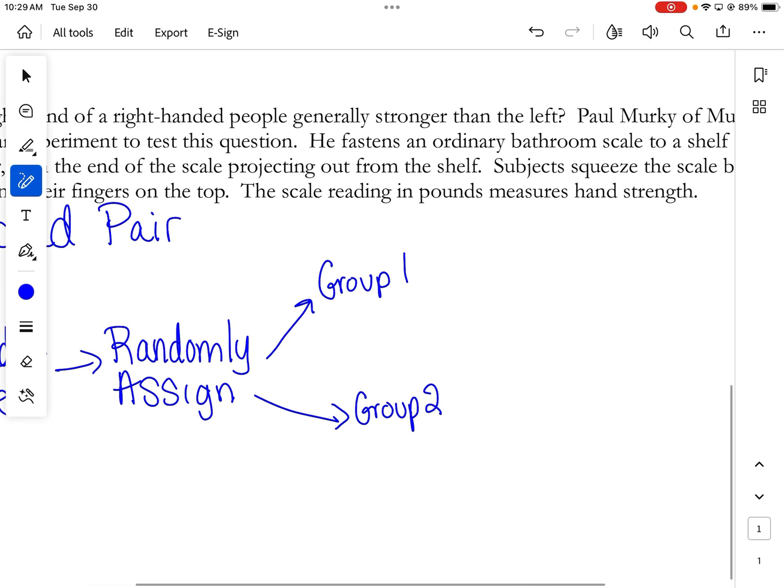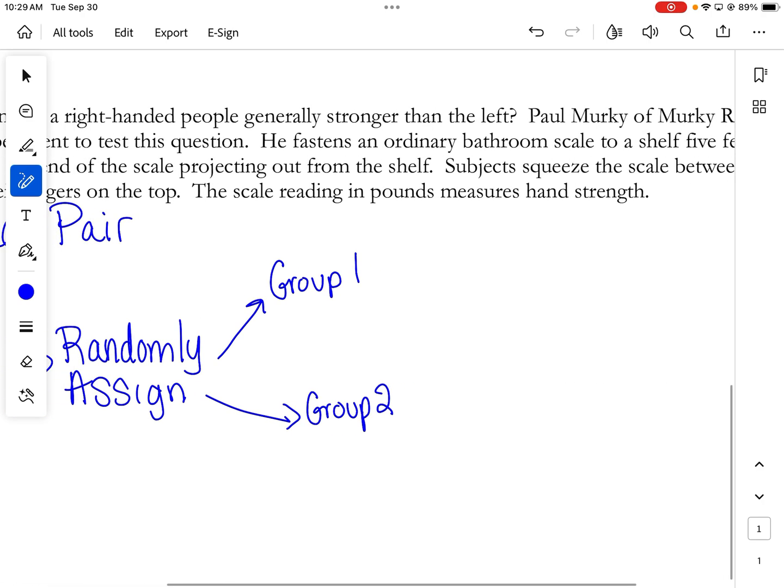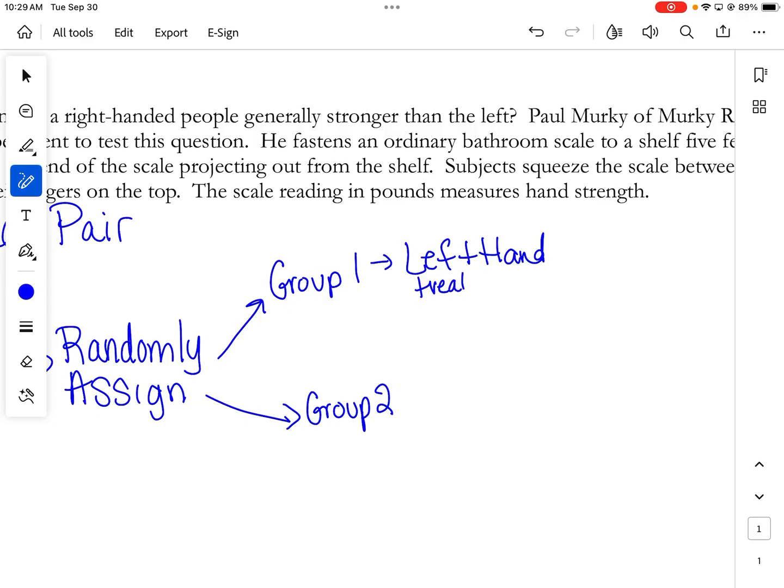So let's do group 1 and group 2. So group 1 is going to do treatment 1, which is squeeze their left hand first. So if it says treatment, it's just squeezing the scale.